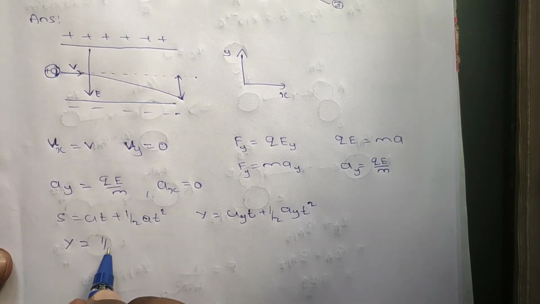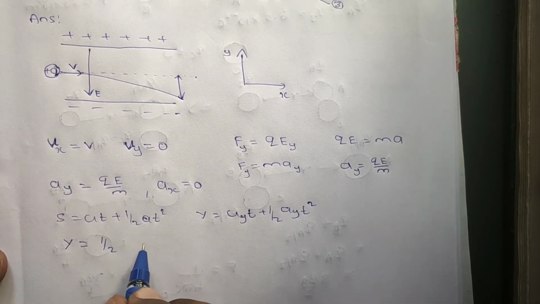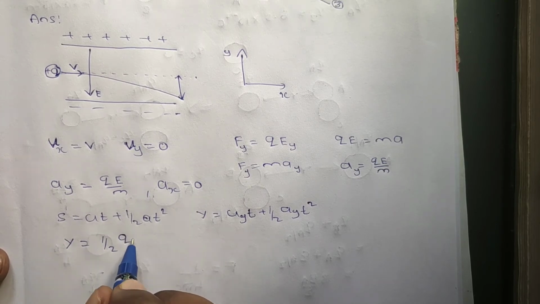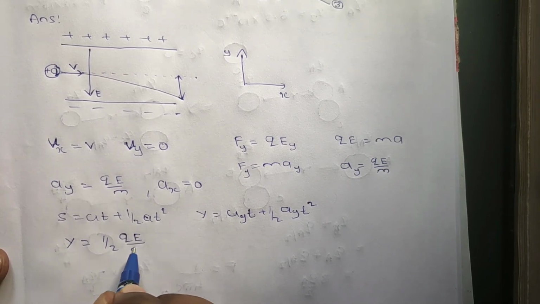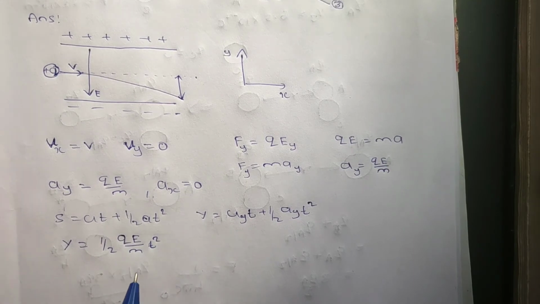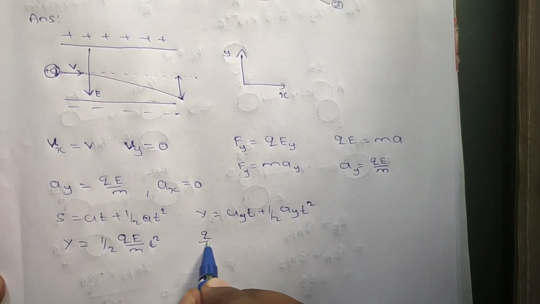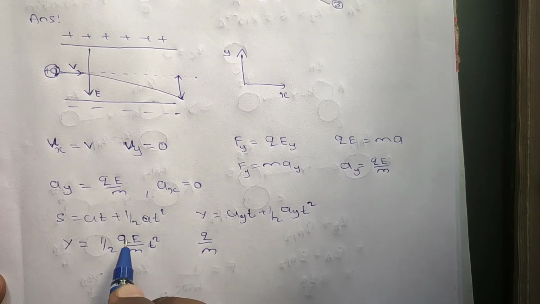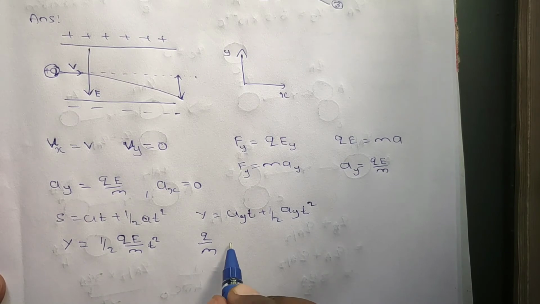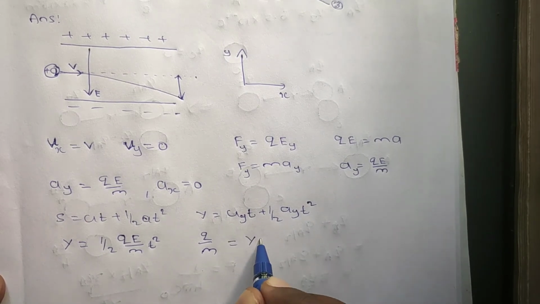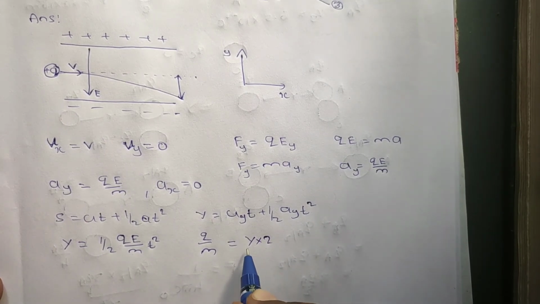So we get y equal to half into ay t square. What is the ay value? QE divided by m, times t square. Then from this I am finding the q by m. We'll keep q by m here, remaining all come here. This 2 will come here and multiply. So q by m equals y into 2 divided by E t square.